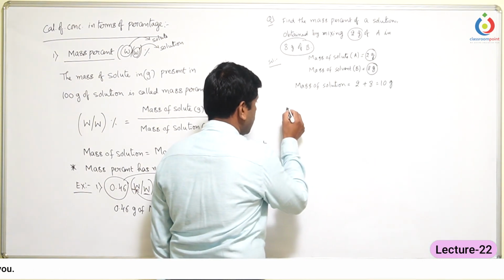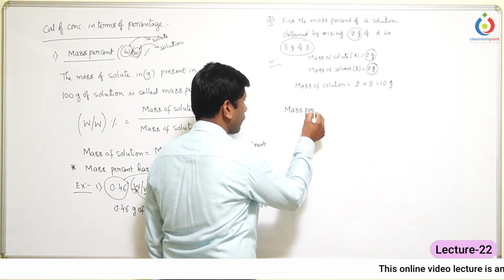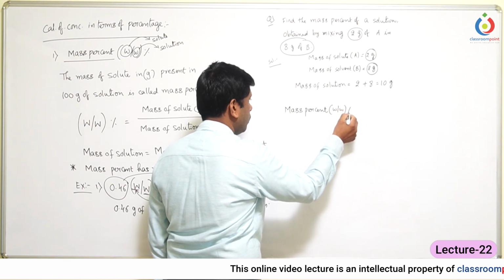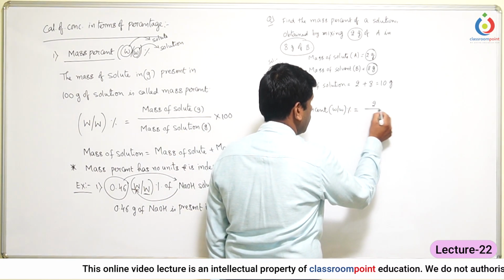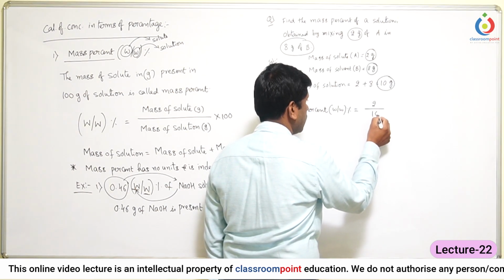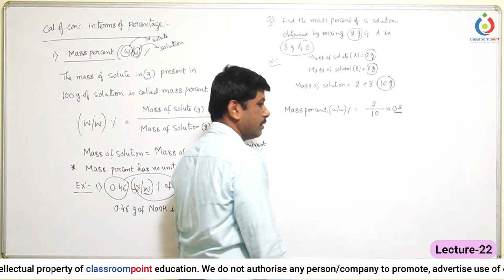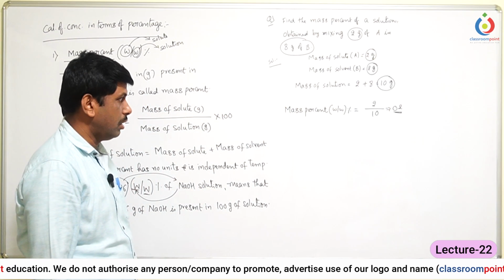Now let's calculate mass percent. W by W percent equals mass of the solute 2 divided by mass of the solution 10, into 100. That value equals 20%, the weight by weight percentage of the solution.